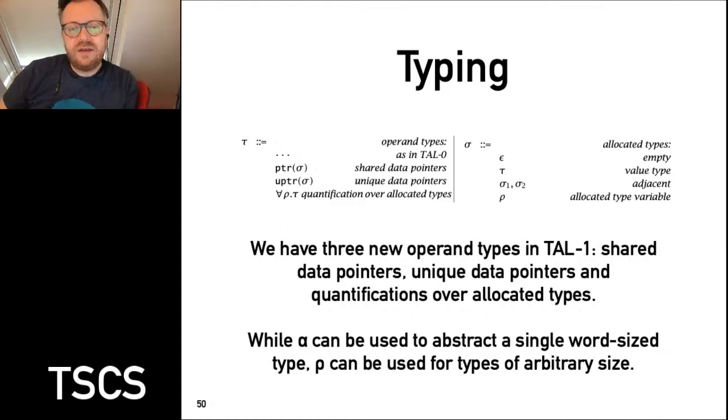And what is an allocated type? Something that you can have inside a shared pointer or unique pointer. You either have an empty type, or a value type, or you have adjacent types, so you can do chains of allocated types, or you have an allocated type variable. You don't need to have actual types. You can use type quantifications for that as well.